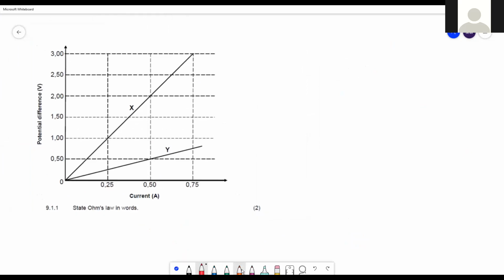So we have to choose 2 points again. So I'm going to choose this point and this point, but you can choose any other points. So that is 0,5 by 2, and that is 0,25 by 1.